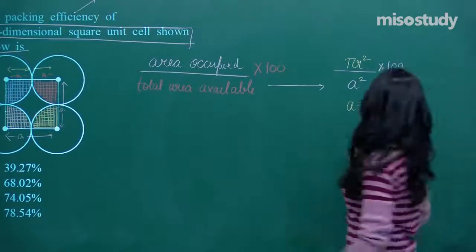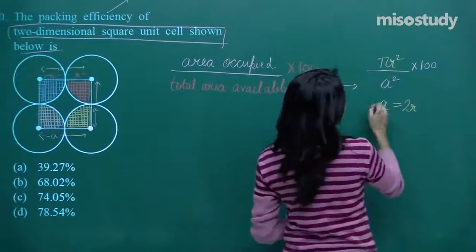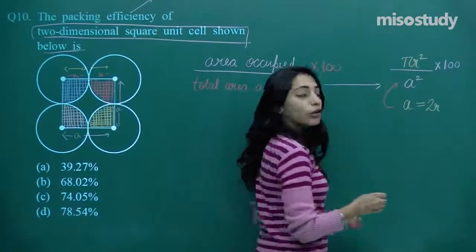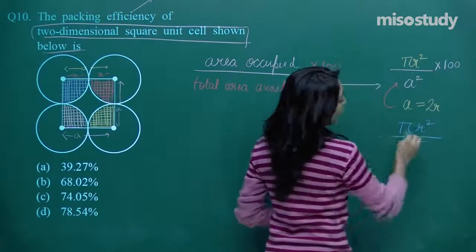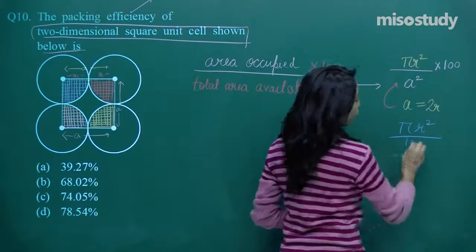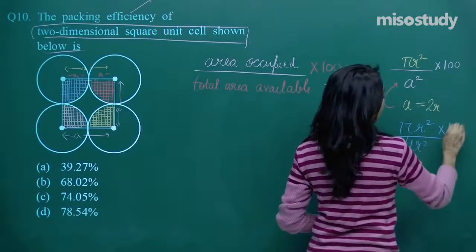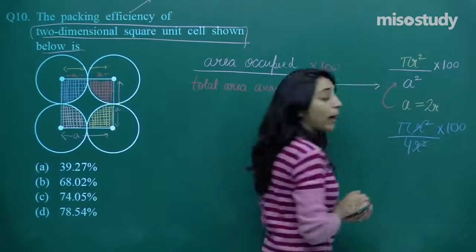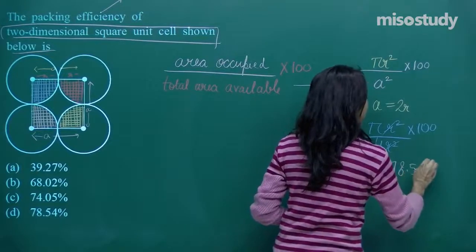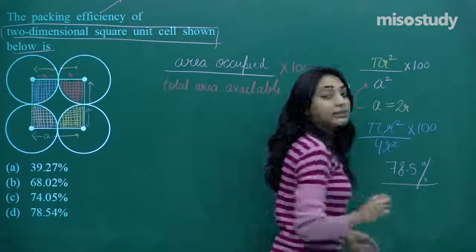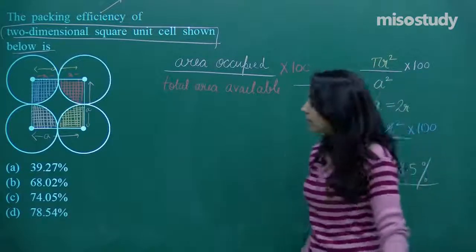So when you are simply saying that a is equal to 2r, substitute the value here. What you will be getting? Pi r square divided by 2 into 2, 4, r square, into 100, which is pi by 4, and if you calculate, the answer will be something like 78.5%.